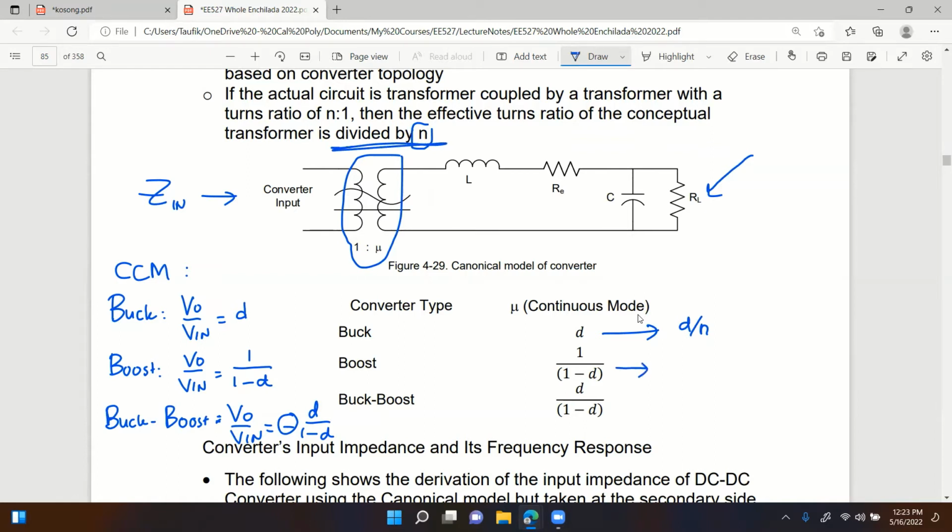So this becomes 1 over 1 minus D divided by n, and then D over 1 minus D divided by n, in case there is a physical transformer. Then you just add n. What is n again? That's the turns ratio, N2 over N1. Okay. All right, let's go back.